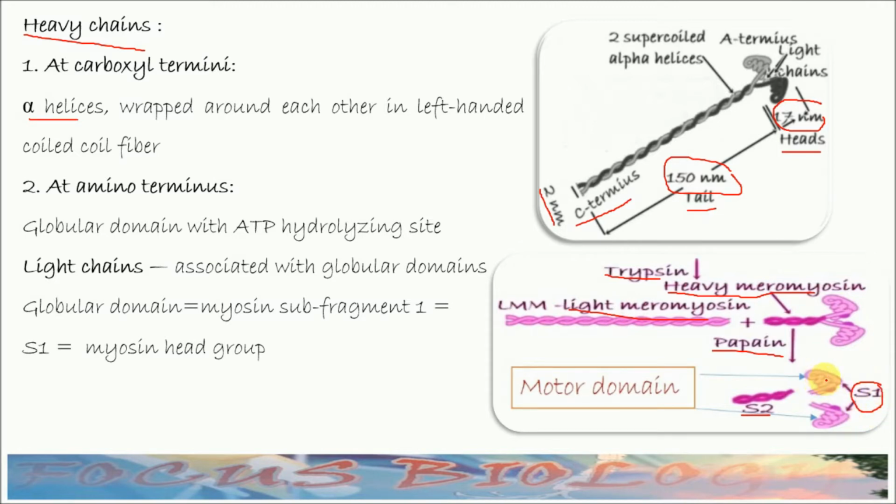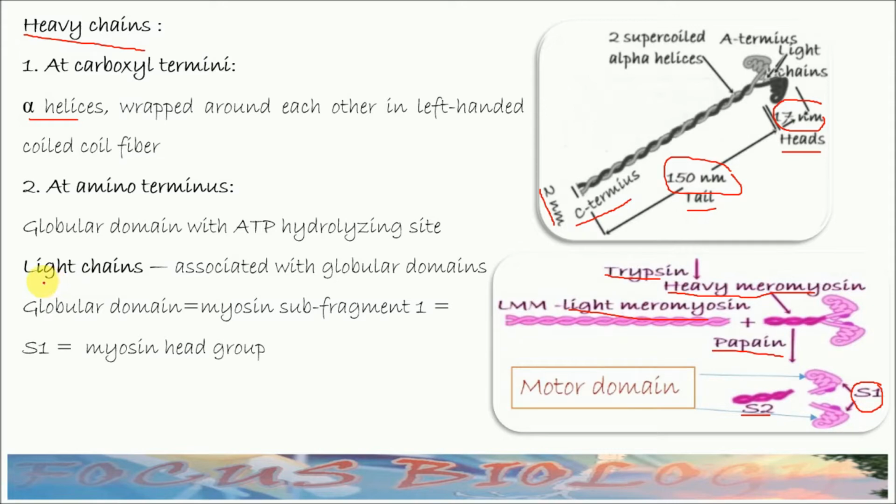This is responsible for attaching the myosin molecule to actin filament. Here you can see clearly one light chain, another light chain, one light chain, another light chain. That is 1, 2, 3, 4. Four light chains are associated, right?